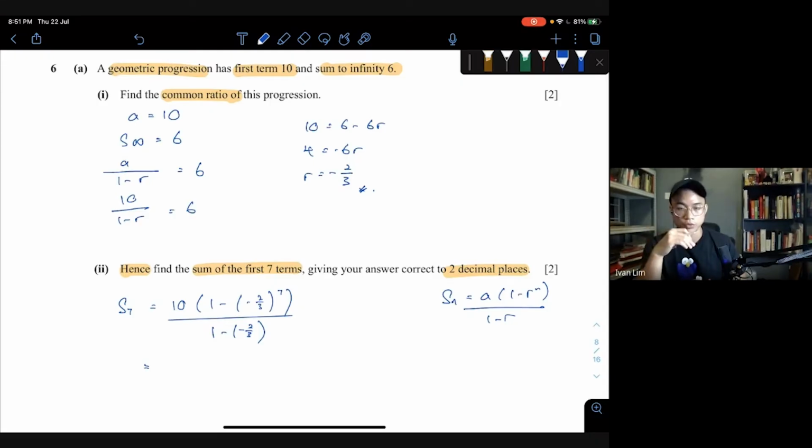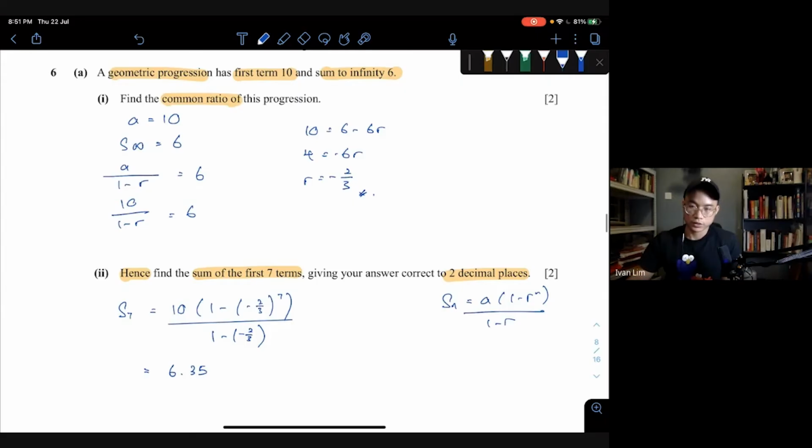Then only you do your division, multiplication, addition, subtraction. So just type this in the calculator. You will get 6.35. Cool? Okay, 6.35, that's all.